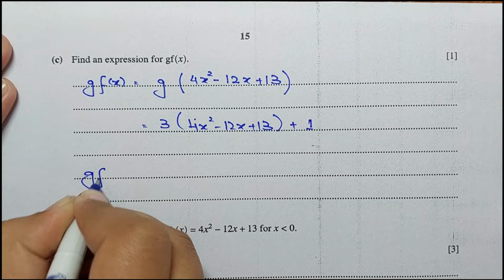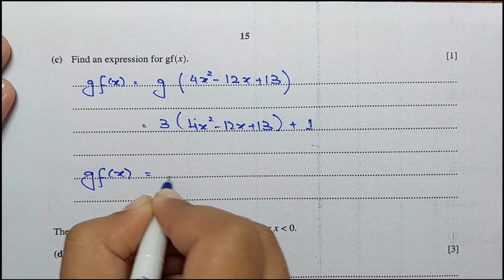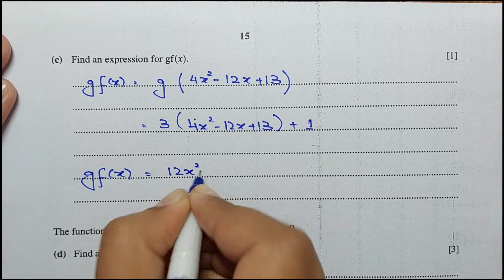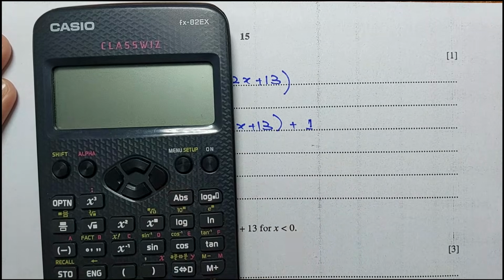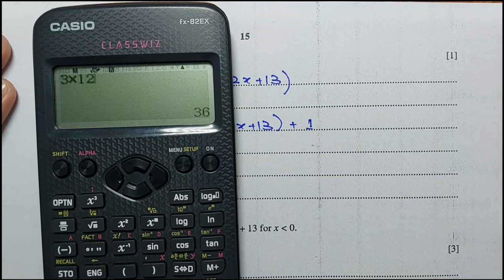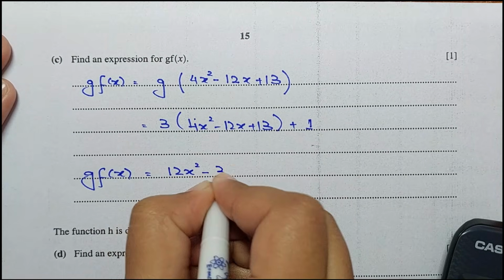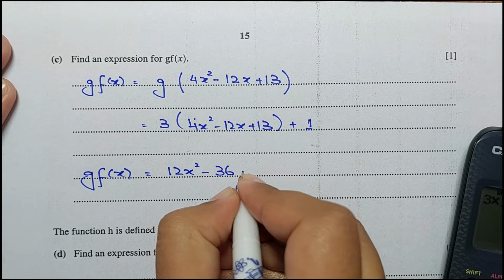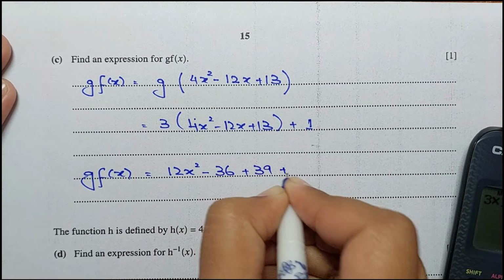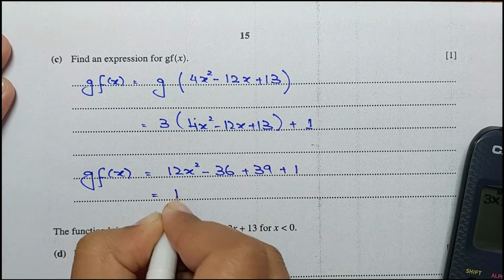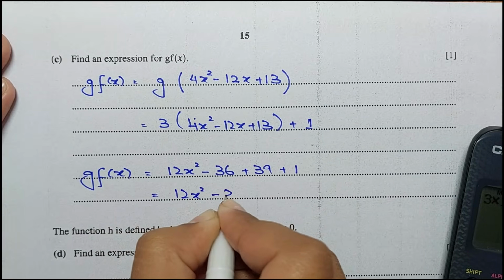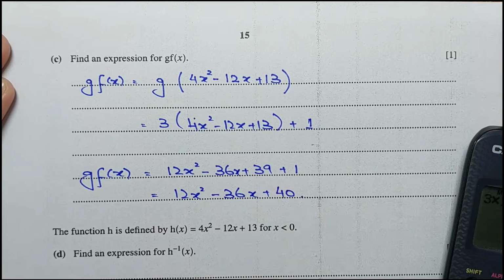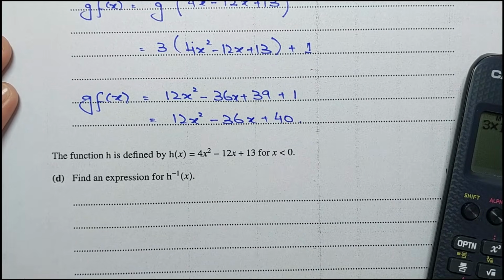So gf of x equals 3 times 4 is 12x squared, 3 times 12 is 36 so minus 36x, 3 times 13 is 39, plus 1 makes 40. So this is 12x squared minus 36x plus 40. This is the expression for g composition f.